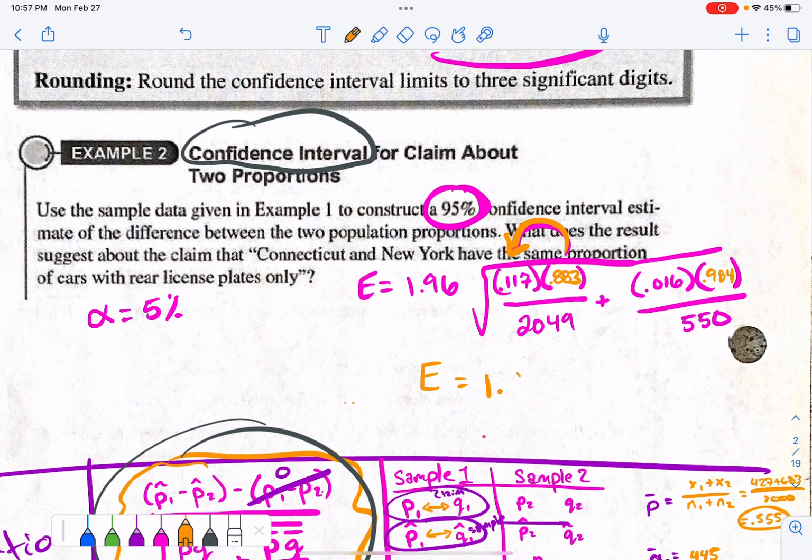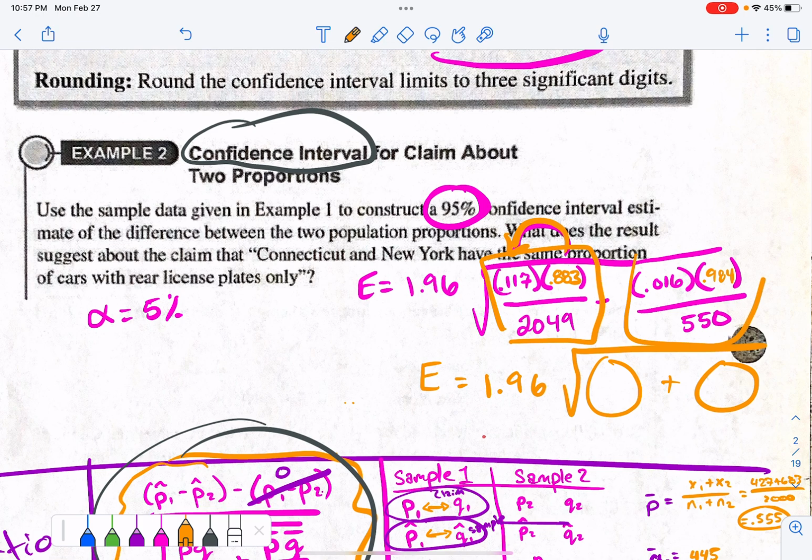I'm going to do it in pieces because I only have a phone calculator. So I've got the square root of this number plus this number. I'm going to figure out what these are. Okay, 0.117 times 0.883, divided by 2049. And that is 0.00005, four zeros and a 5.